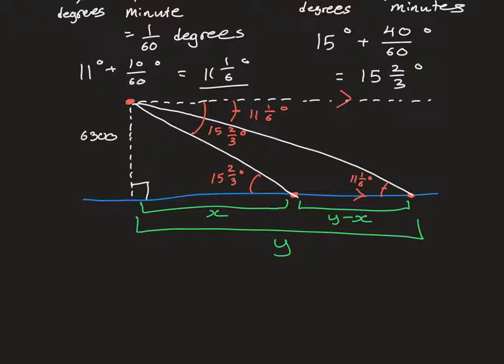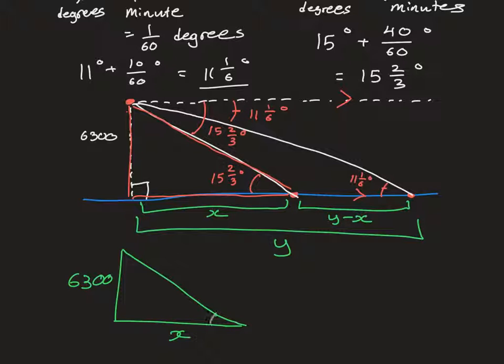So how do we find y and x? Let's start with x. To find x, we just look at this right triangle. Since we already know one angle and one side, we've figured out the whole right triangle. And then we can use trig on our calculators to do this. And how would you use trig?